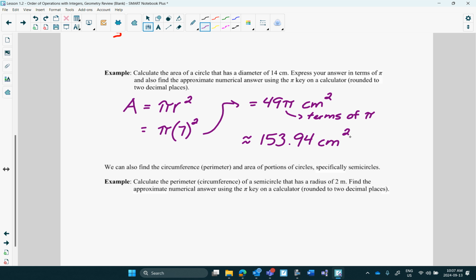If you use 3.14, you might get a slightly different answer. 49 times 3.14 gives you 153.86. 49 times the actual pi key will give you this. Both are correct, because you're still doing it right.